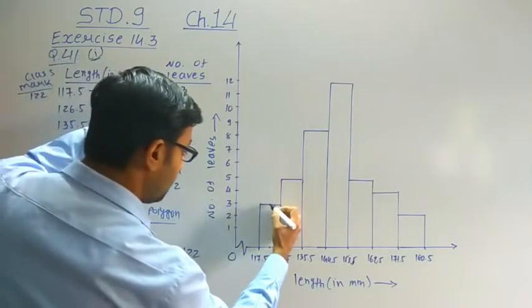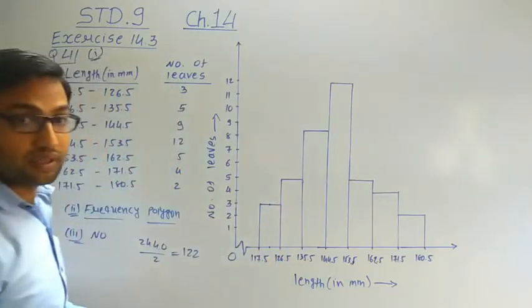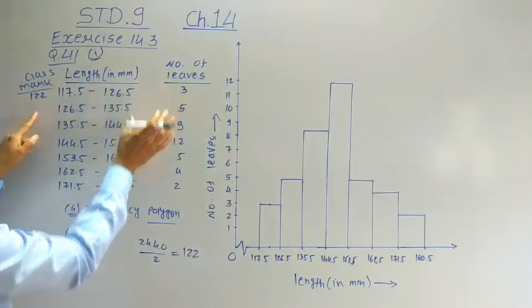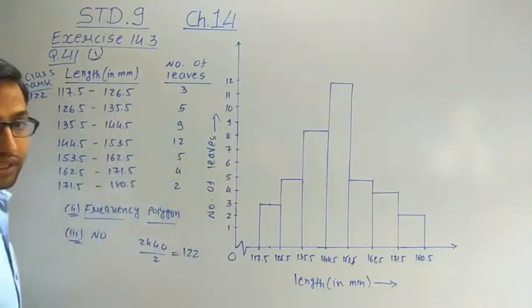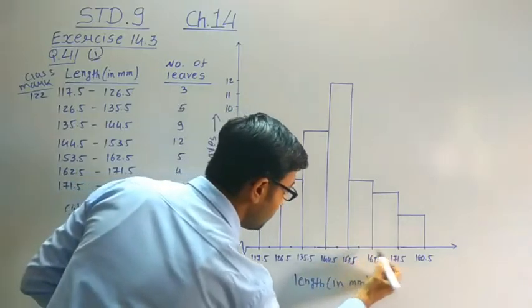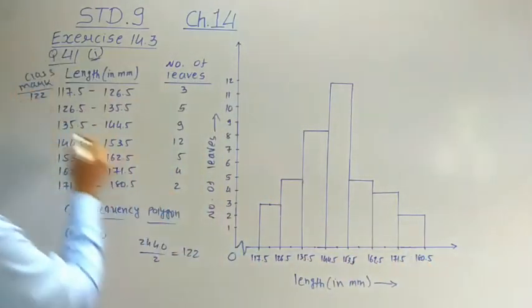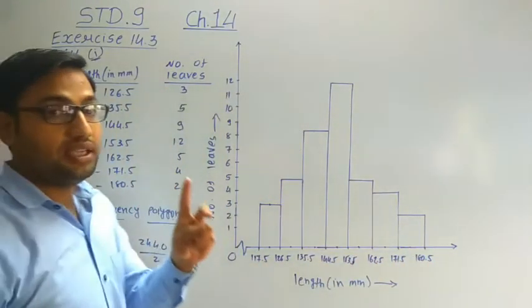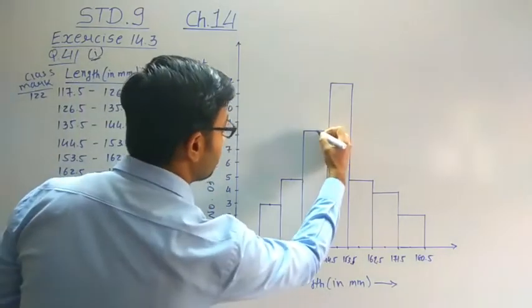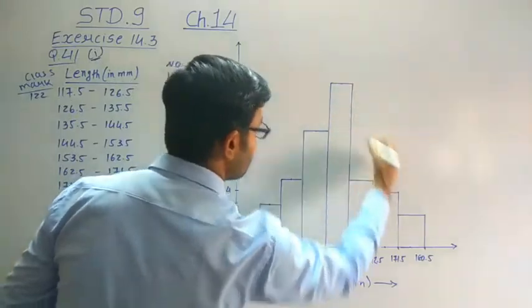That means the mean value of this. We have done this for only the first class interval. The same thing we have to do for all the class intervals. Everywhere we get the midpoint, because the meaning of the class mark is the mean value. So everywhere we get this mean value in the middle of the bars.